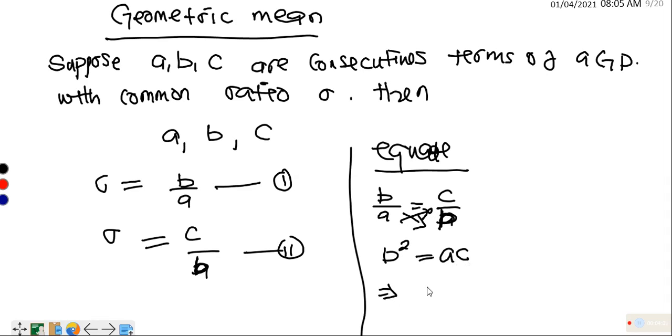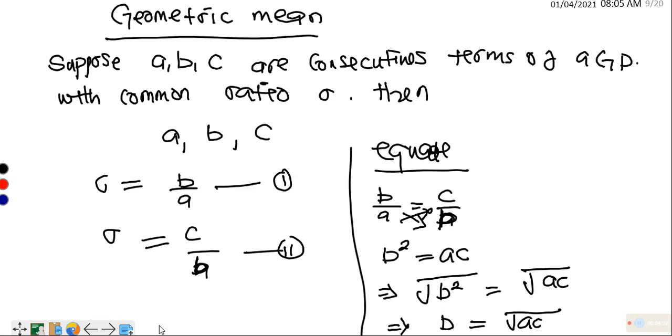Taking the square root of both sides, the square root of B squared equals the square root of AC, which implies that B equals the square root of AC.